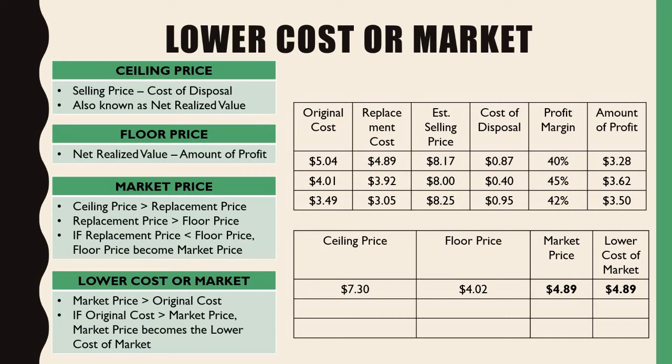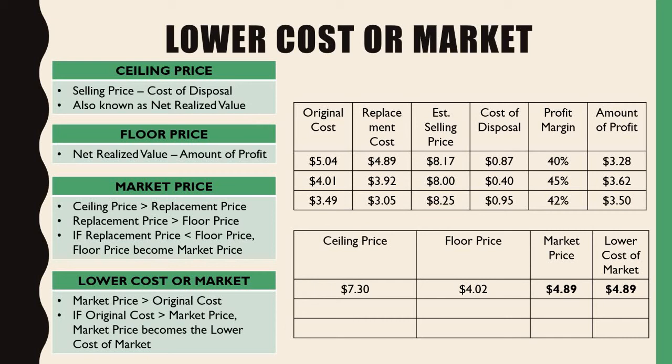For me to dispose of the item for any reason, it's going to cost me 60 cents. And of course, I want a 45% profit. So, therefore, I want to get at least $3.62 out of it.